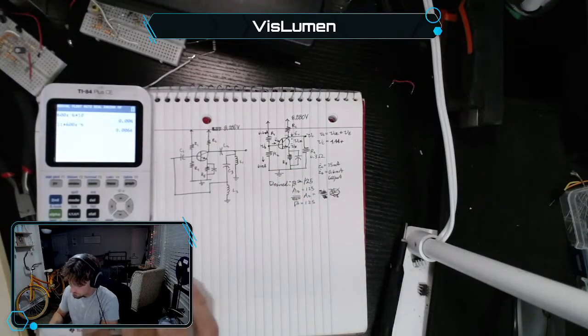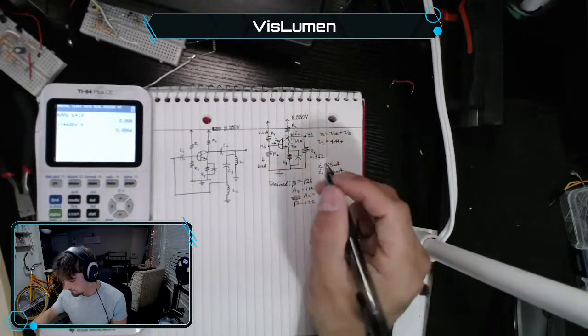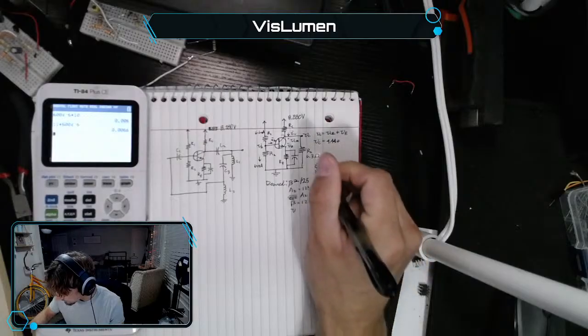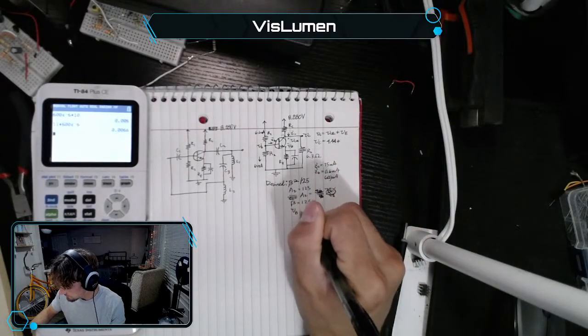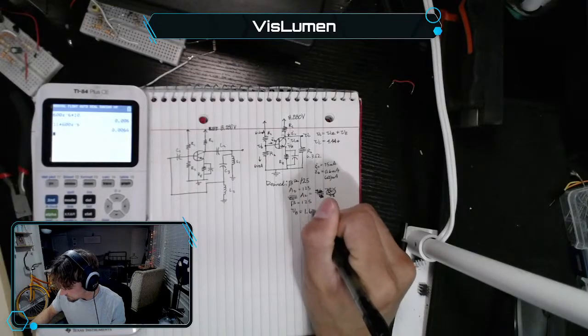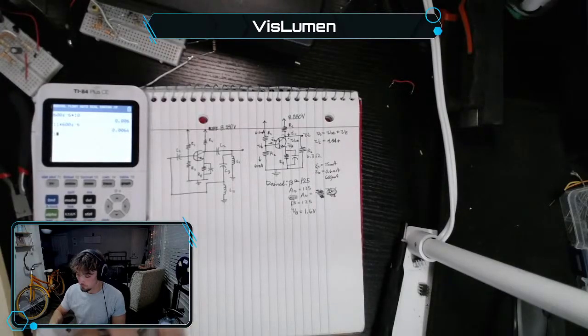And in order to acquire this, we want VB to equal the desired, oh, I didn't put that down here. Equals 1.6 volts. Okay, that's what we want at 6 milliamps, 1.6, right?